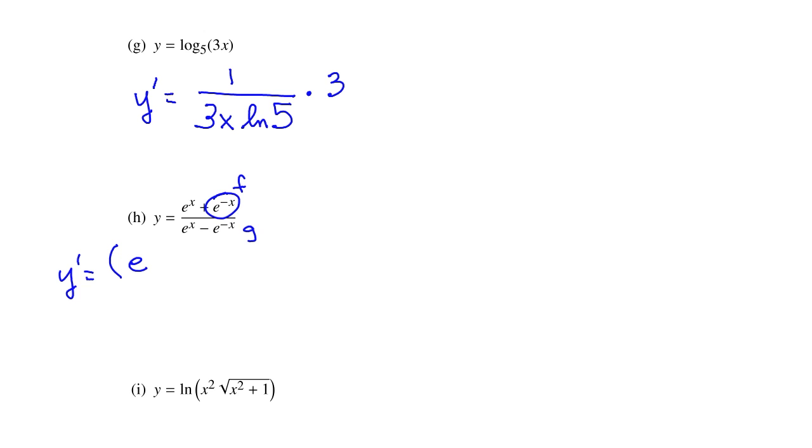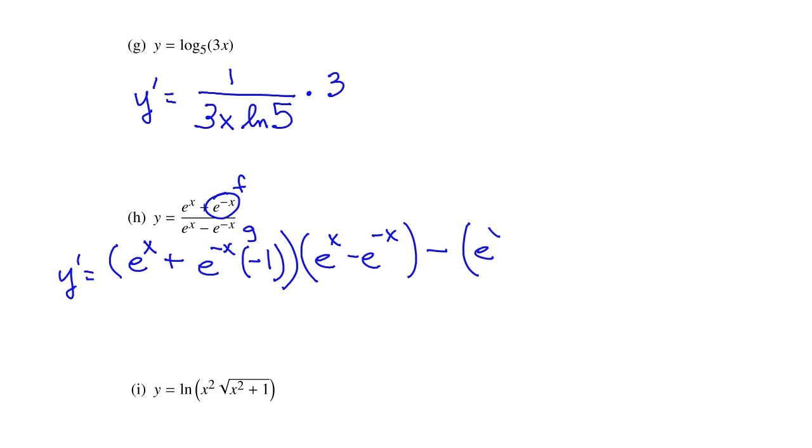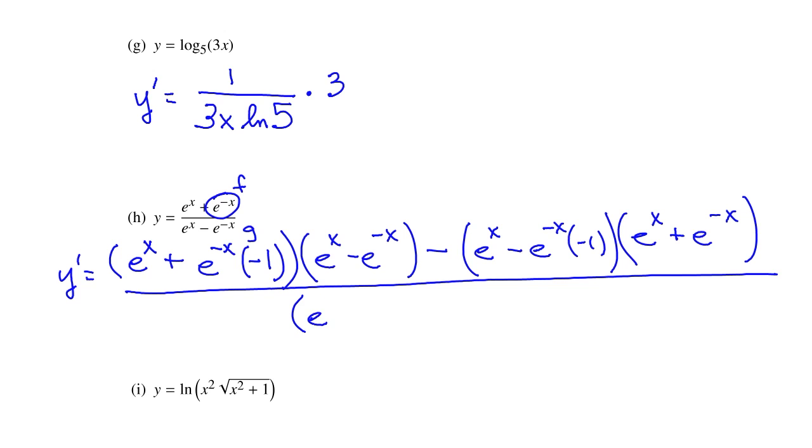So here we're going to have the derivative of that first part of the numerator, e to the x, plus the derivative of e to the negative x, which is e to the negative x times the derivative of that exponent, and the derivative of negative x is negative 1, times the bottom unchanged, minus the derivative of the bottom, e to the x, minus e to the negative x times negative 1, times the numerator unchanged, all divided by the bottom, oops, the bottom should be a minus, squared.